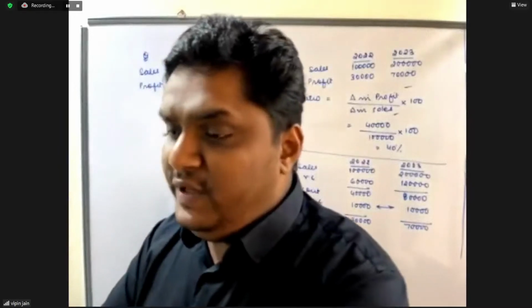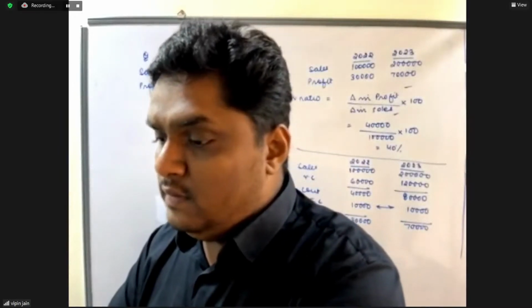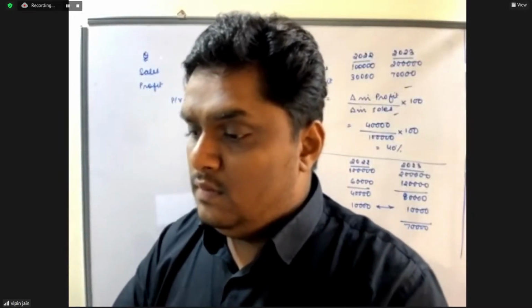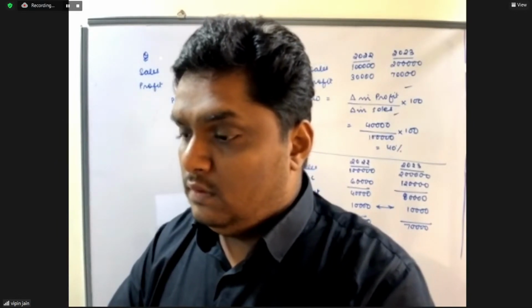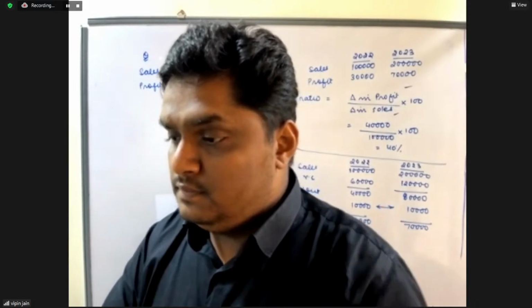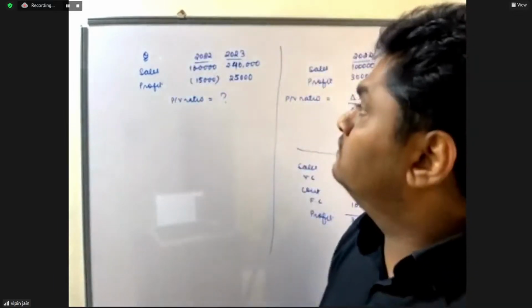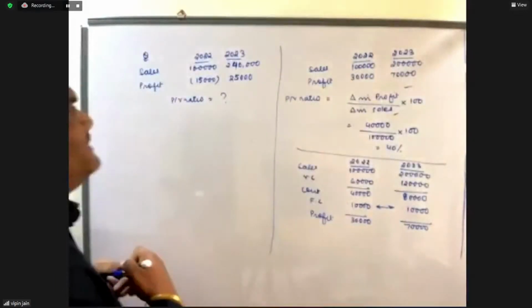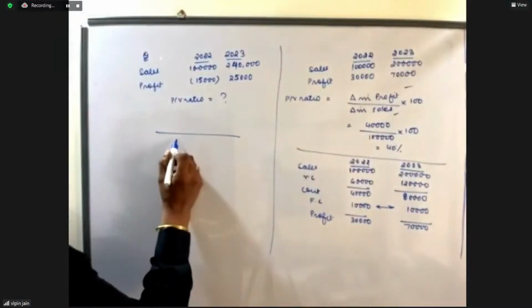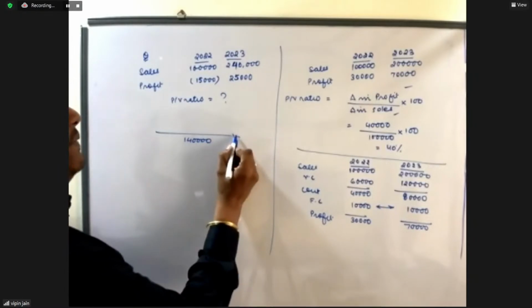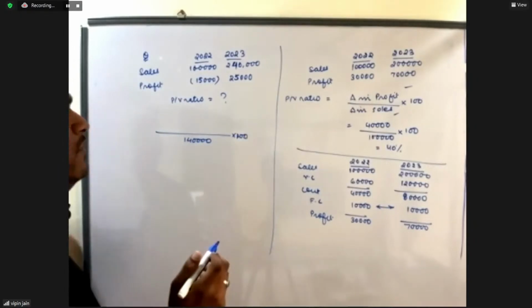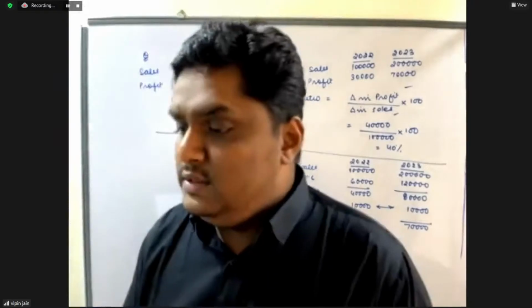And the profit is 15 and 25. The change in sales, I know it is 1,40,000. What will be the PV ratio and what will be the change in profit? Waiting for your answers.